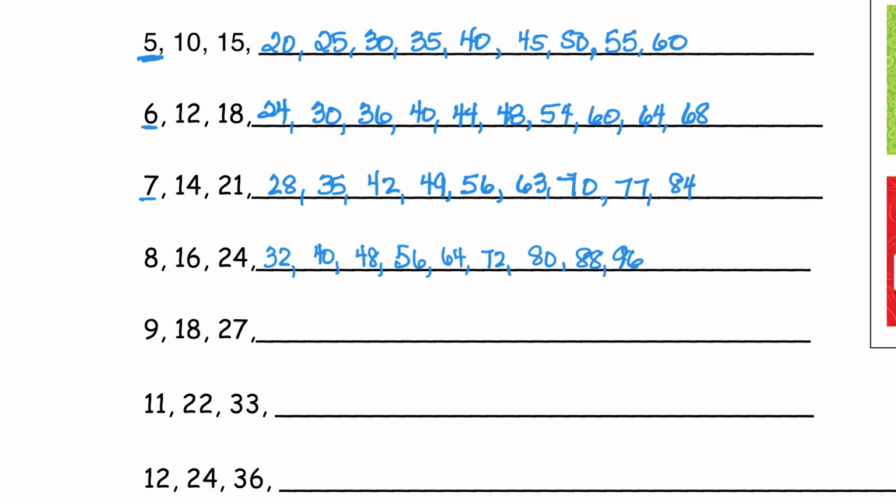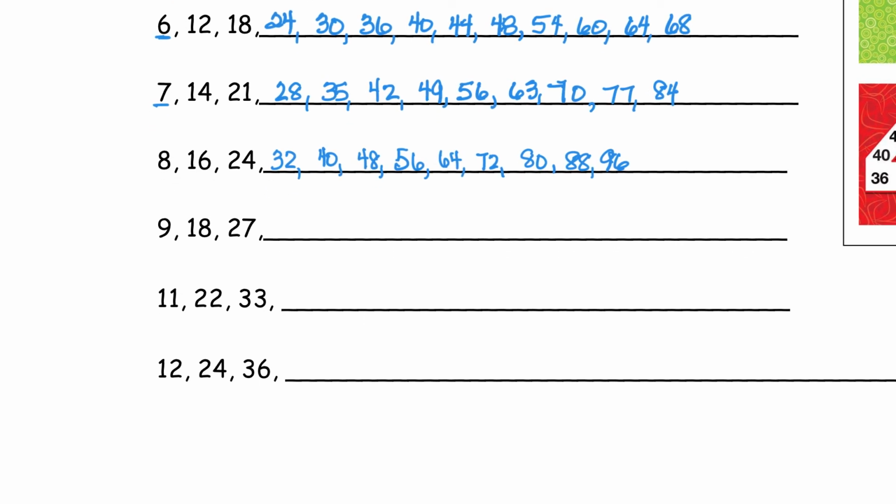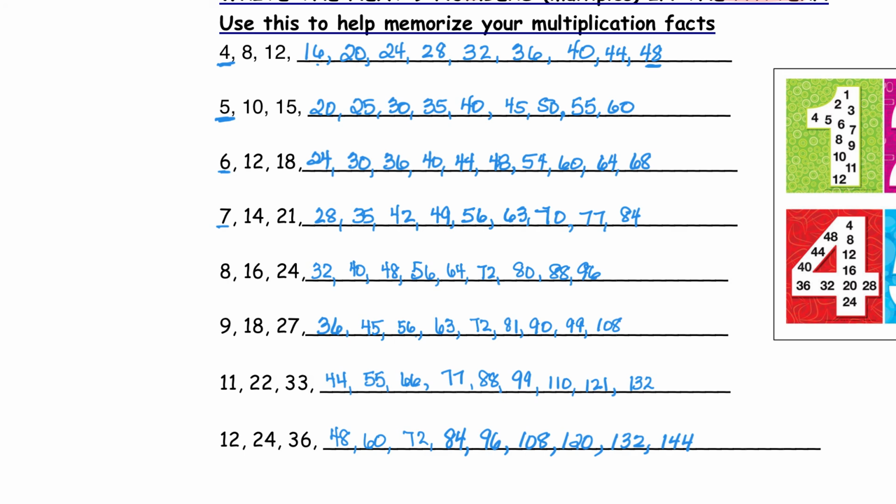And there you have all of the multiples of 8. Remember, multiples mean to skip count. Multiples, many. Try the remaining 3 on your own. You're going out as far as 9 numbers each. Good luck. And there are the answers for the rest of the multiples of 4 through 12. Hope you did a good job.